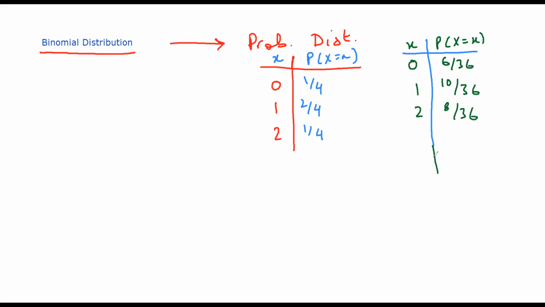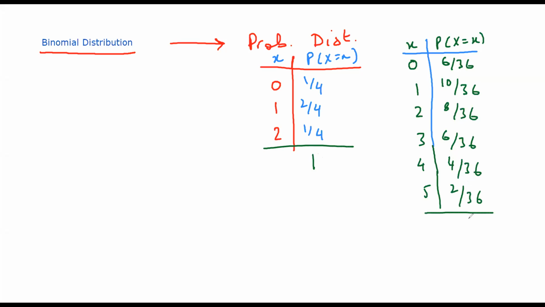And the difference of 3 was 6 out of 36 times. And the difference of 4 was 4 out of 36 times, and the difference of 5 was 2 out of 36 times. You see the sum has to be 1 here. Let me check. 16, 24. Yeah, this is also 36 over 36.